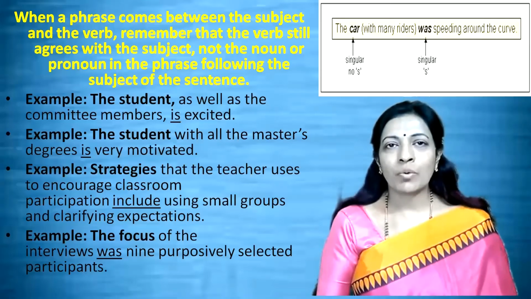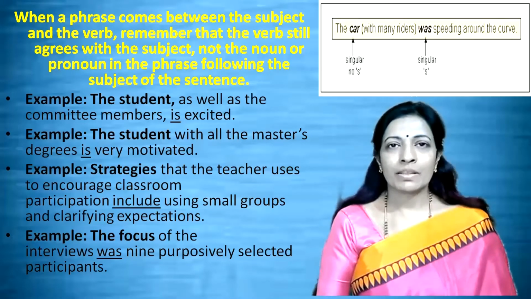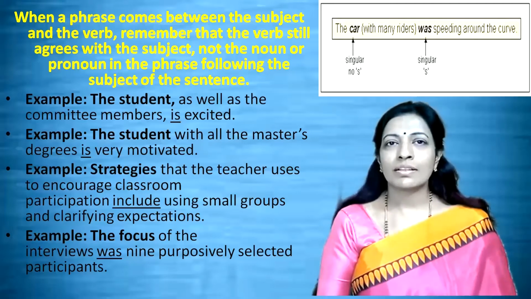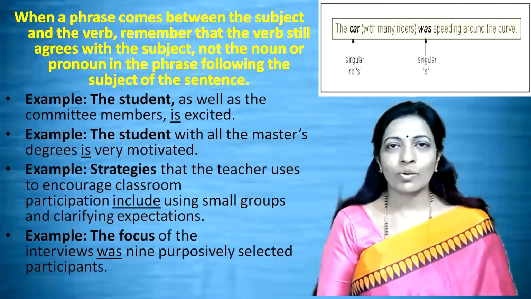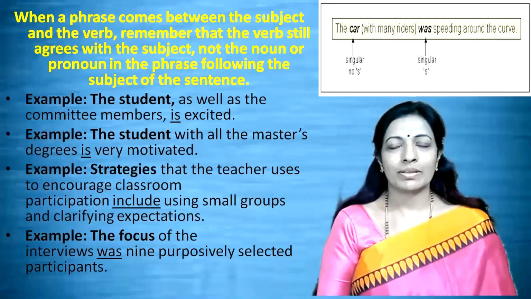Though the noun which is used in the phrase is plural, we will still use a singular verb because the subject, the car, is singular. Therefore, in this sentence, the subject, the car, is singular and the verb was is also singular.